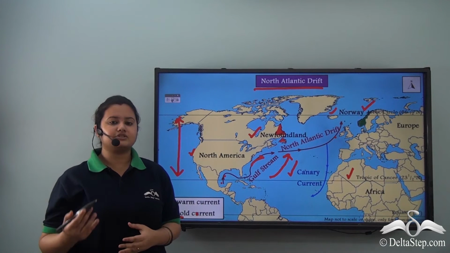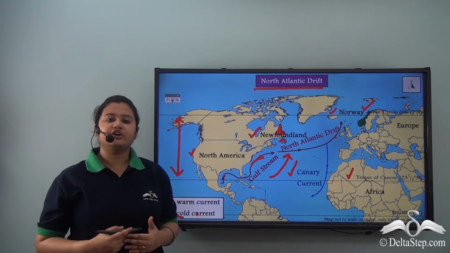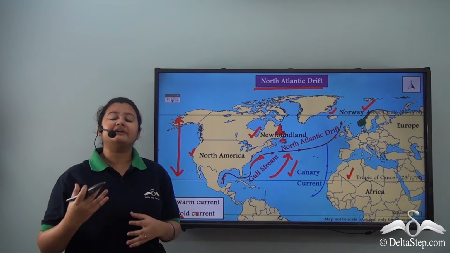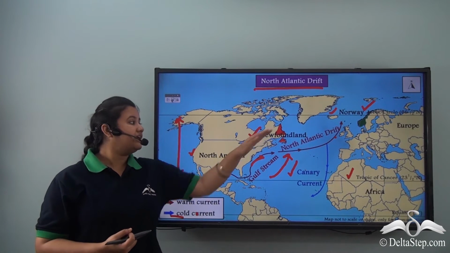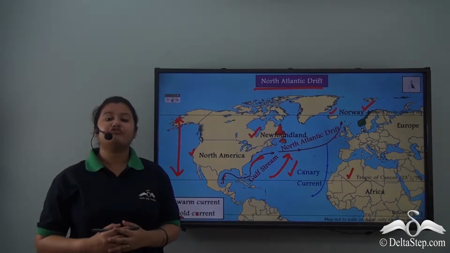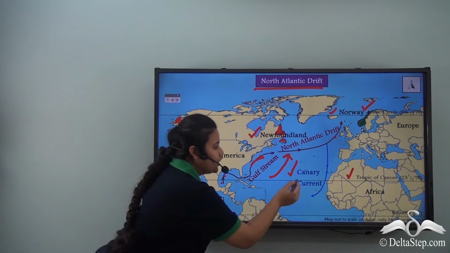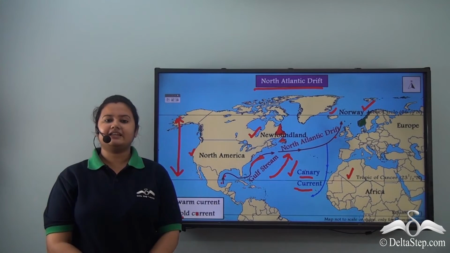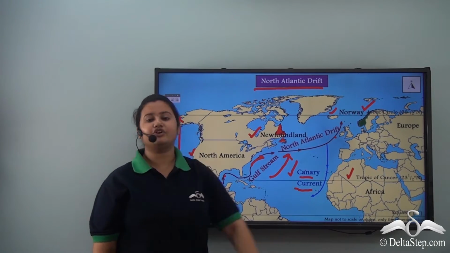Now, the temperate zone is relatively cooler than the torrid zone. So, here we have an upwelling of cold water from deep oceans, and due to this upwelling of cold water, the North Atlantic Drift gives birth to a cold current, and the name of that current is the Cold Canary Current. See that here the North Atlantic Drift flows towards the country of Norway.